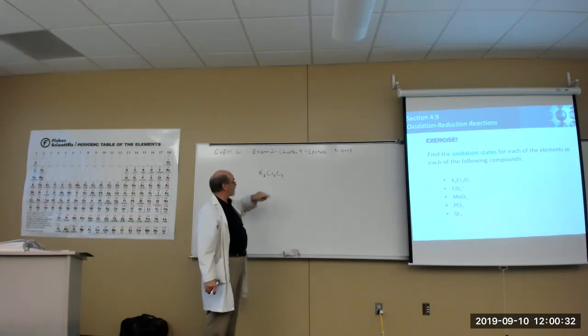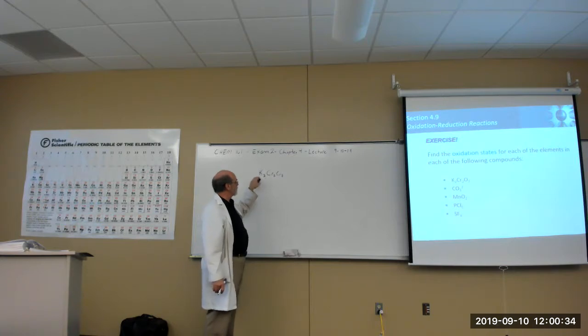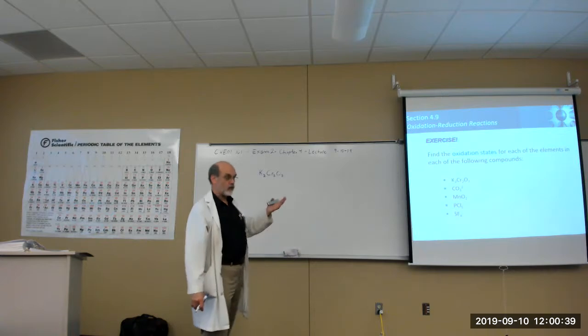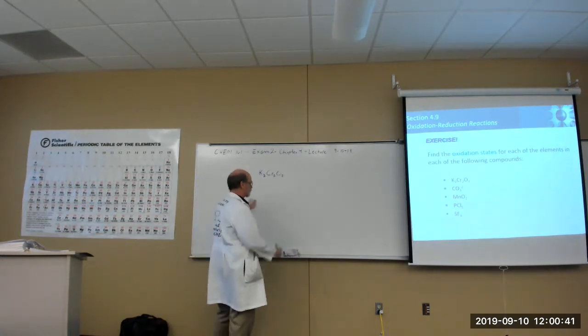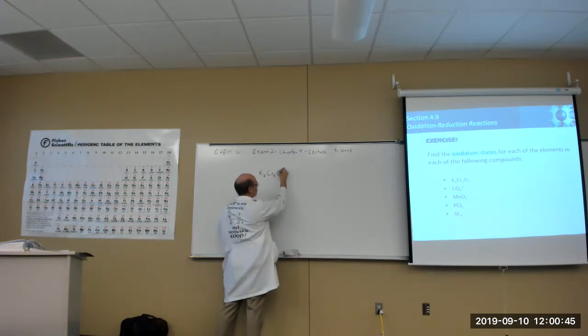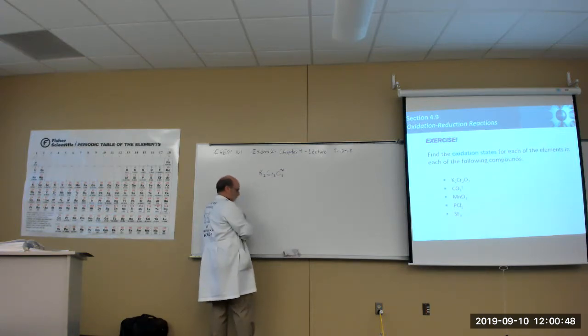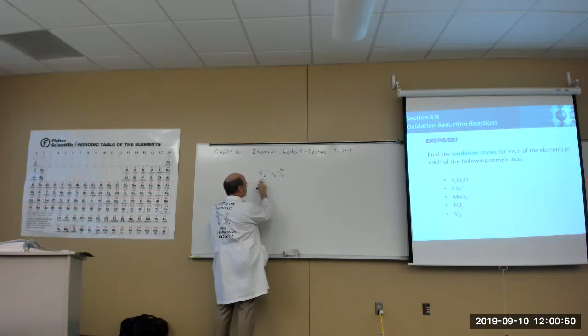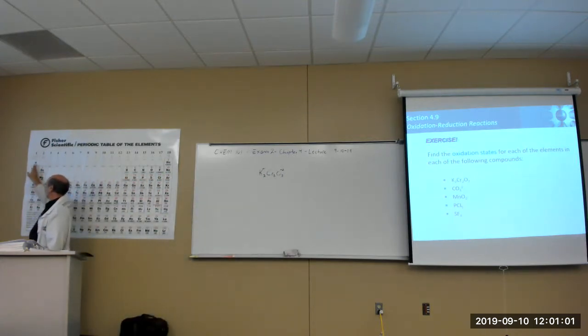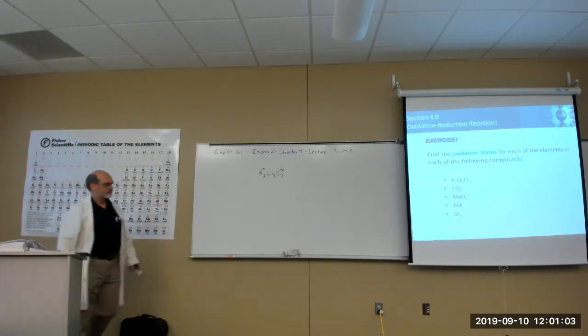But we can still use the rules and determine each of the oxidation states without knowing that dichromate is a polyatomic. We just use the rules. Oxygen is always -2. Potassium forms an ion which is +1, right? And we know it's +1 because it comes from the alkaline metals.